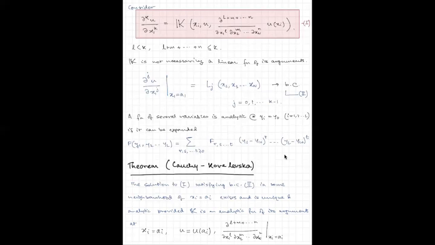So it has to be an analytic function of its arguments. And the functions L_j are also analytic functions of their arguments at x_i equal to a_i.